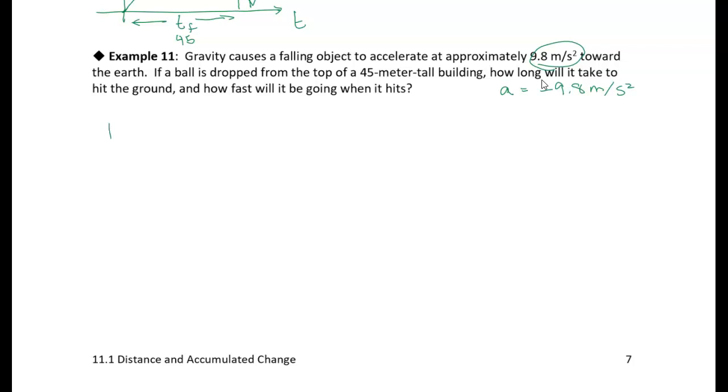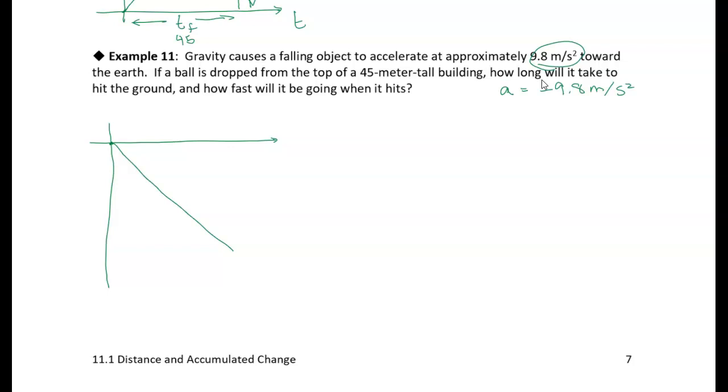So in this case, if we graph velocity versus time, okay, I'm going to put my time axis up here because I'm starting at rest, but it's being pulled downward. The velocity is negative, right? So the slope of my velocity graph is negative, right?